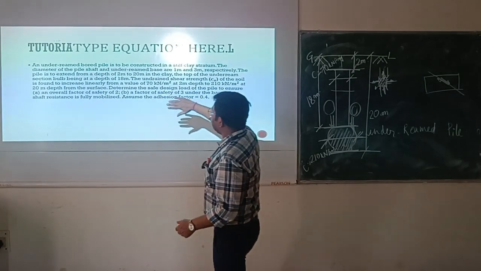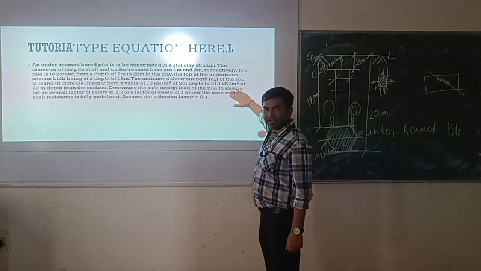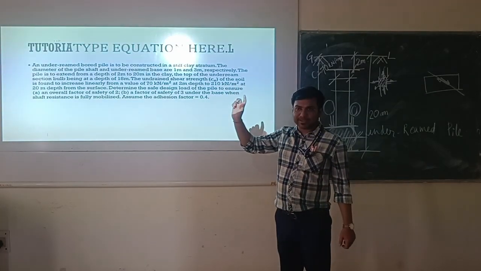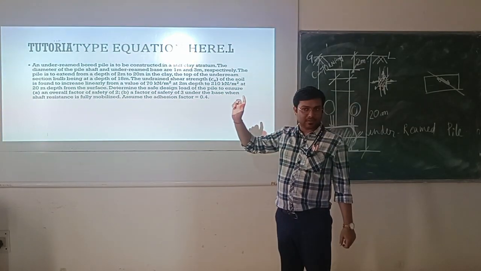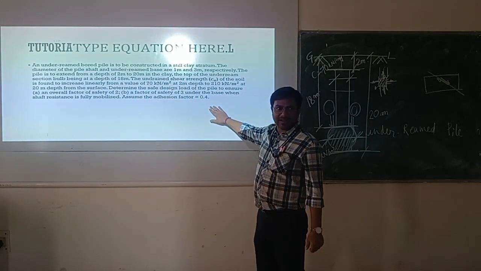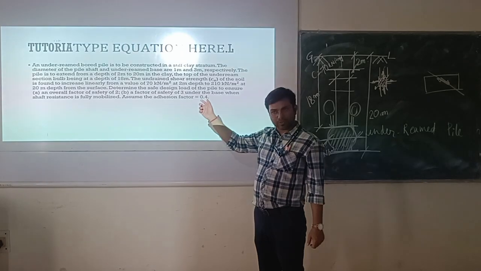If the factor of safety is not given, then you have to calculate the ultimate bearing capacity. And as factors of safety are given for different conditions, you have to calculate the allowable or safe load bearing capacity.